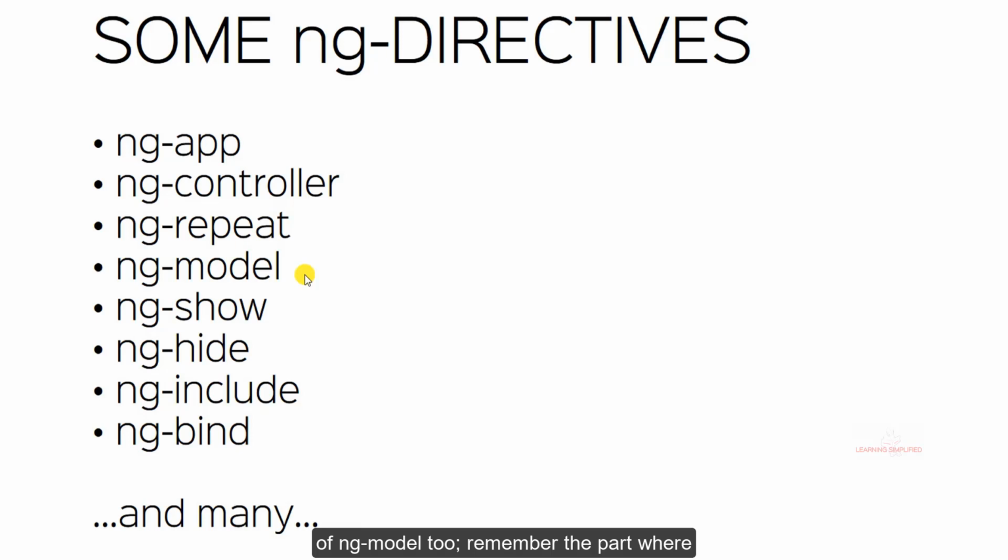Remember the part where we had made input of some text elements and we saw that the input was returned to us. All of these functionalities were made easy by the ng-model directive. Next comes ng-show and ng-hide.